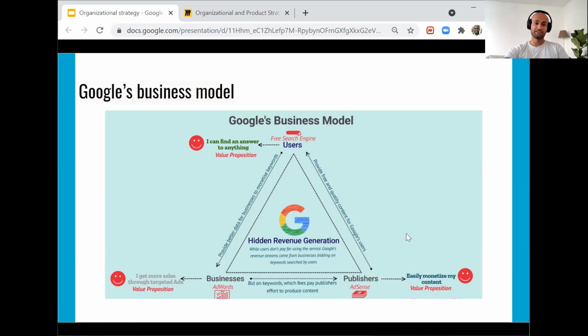And this is really smart because they're not putting all their eggs in one basket. Because if, for example, the value proposition for the businesses, the AdWords product, is not so successful, the other value propositions can be successful and still make the strategy successful. So this is a three-way business model that Google has.